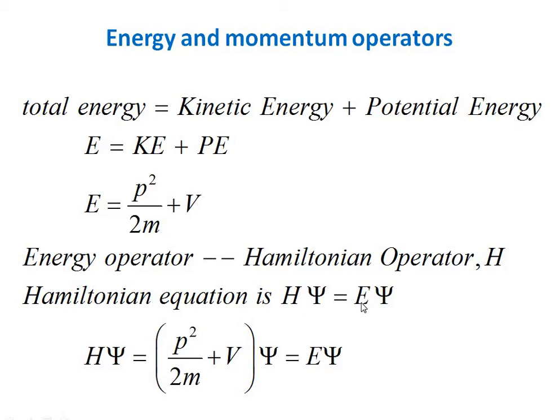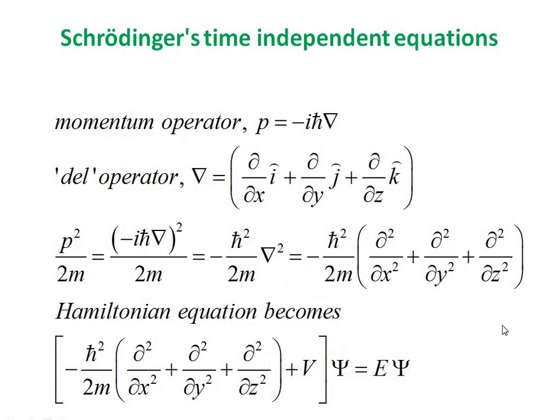So let's replace the Hamiltonian, the total energy operator, p square by 2m plus V. Here H psi is equal to p square by 2m plus V psi, that's equal to E psi. Now let's introduce a momentum operator.